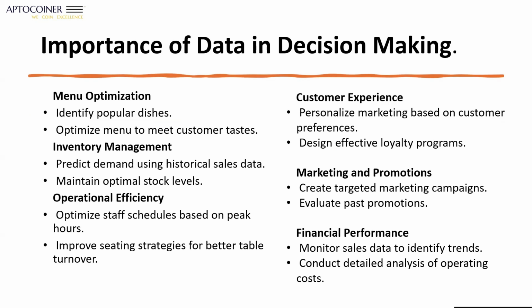From the perspective of a restaurant, menu optimization is one aspect where all restaurants are facing problems, because they don't know their customers, what kind of food the customers prefer. It is difficult for them to identify the popular dishes. Usually people say restaurants work on gut feeling, but if that gut feeling is wrong, then who will bear the losses?